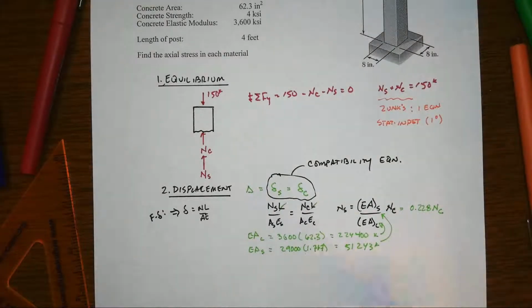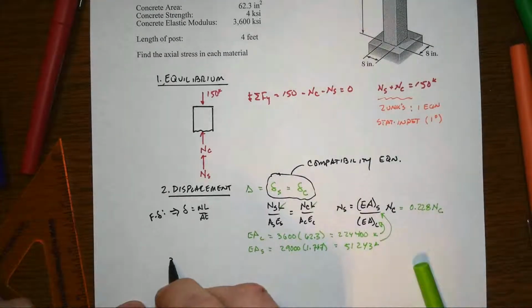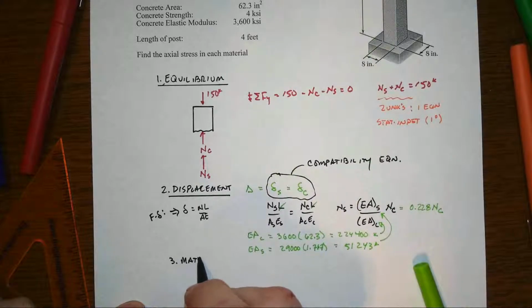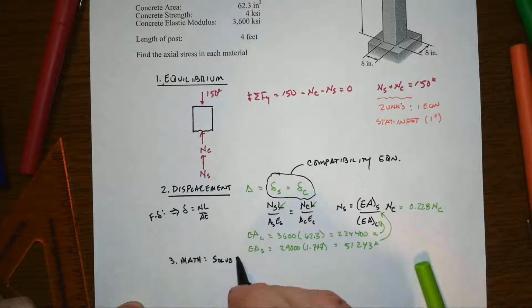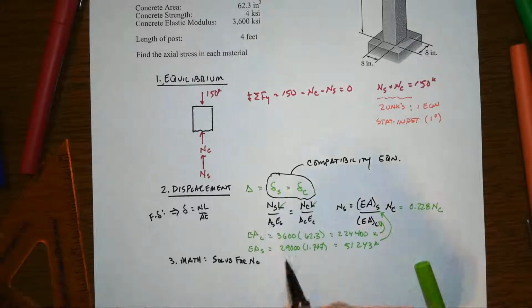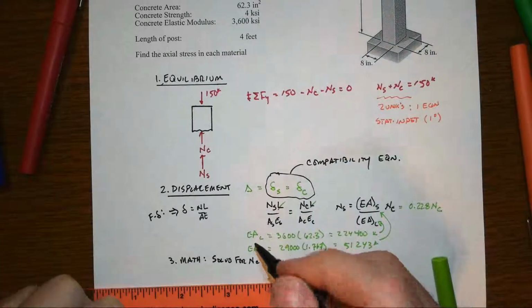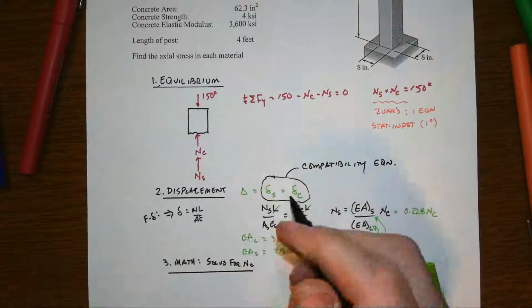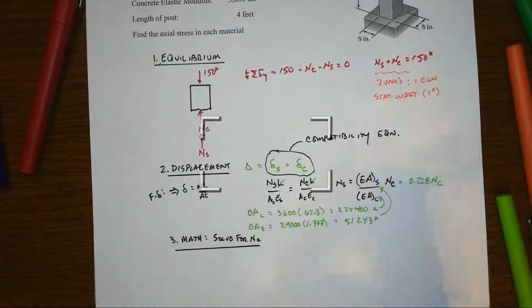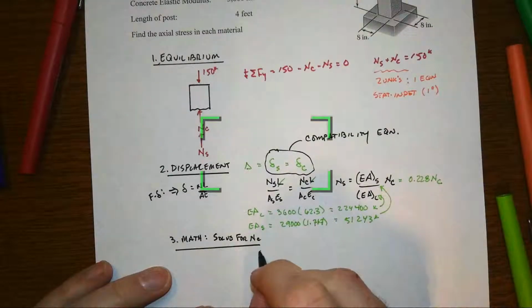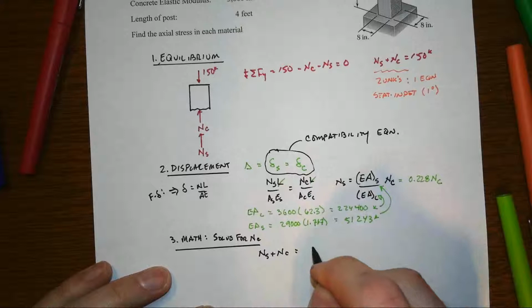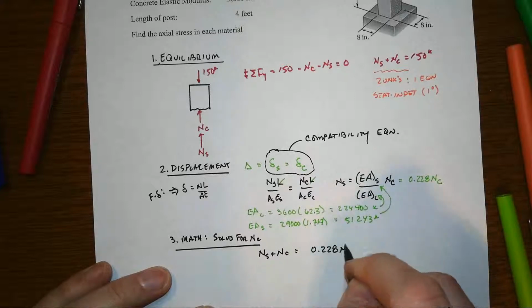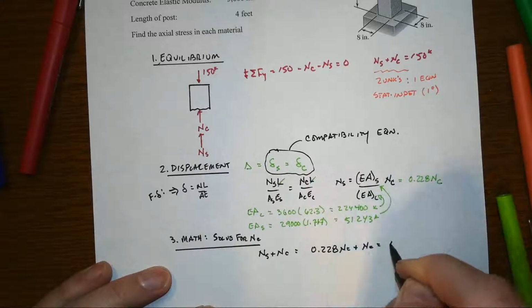That means we can go back now to our equilibrium equation to solve for our axial force in the concrete. The sum of those two has to be equal to 150 kips. So N steel plus N of the concrete equals now 0.228 N_C plus N_C equals 150.